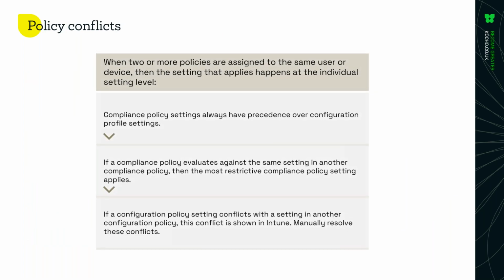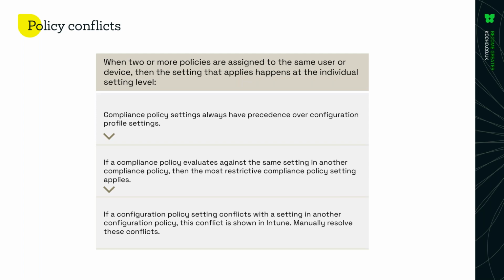And sometimes a compliance policy may conflict with a setting in a configuration profile. So this slide outlines the order of precedence that will take place. So it's really important to remember that compliance policies, they also affect change on an endpoint.